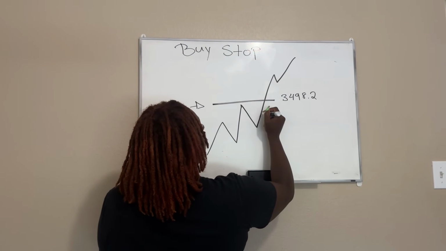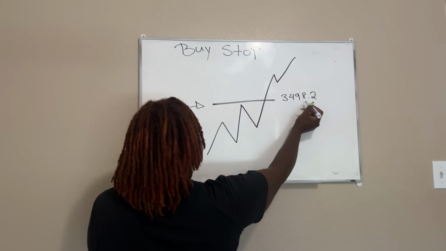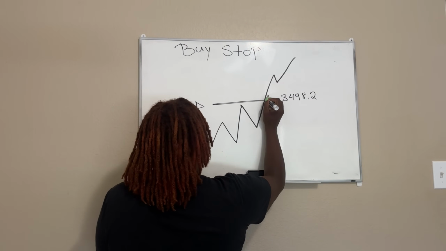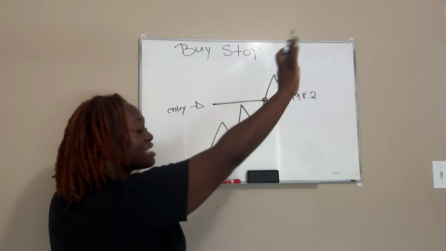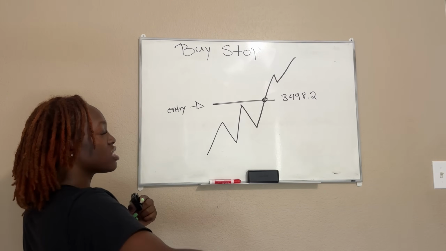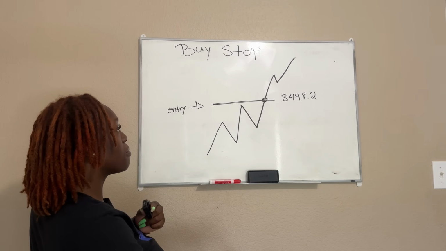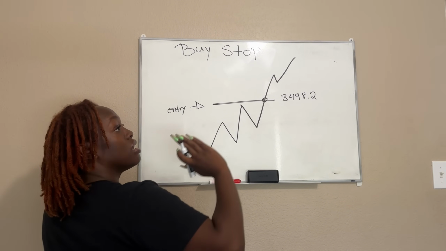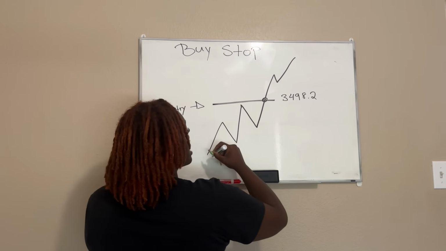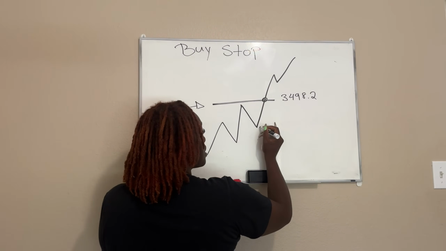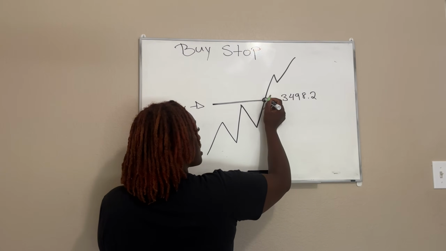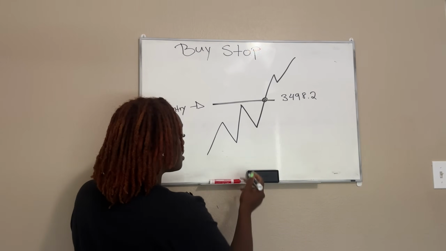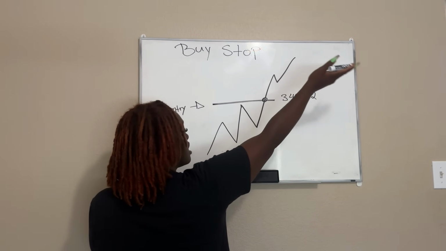Okay. Once it comes here to your entry price, again, it puts you in and then it continues on. Like there's no coming back. You're not expecting it to come back. You're expecting it to continue to go. So it's saying that since I'm already going in that direction, I'm just going to go ahead and pick you up, put you in the trade, and then we can go.